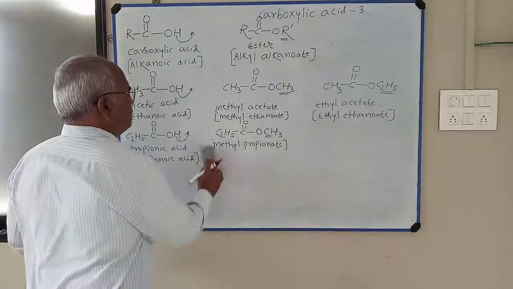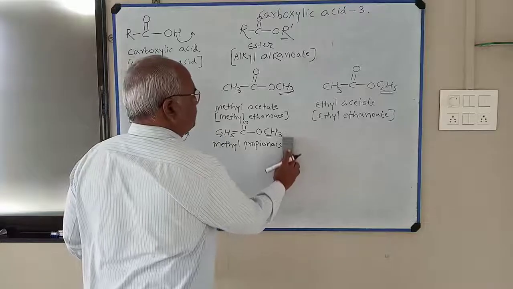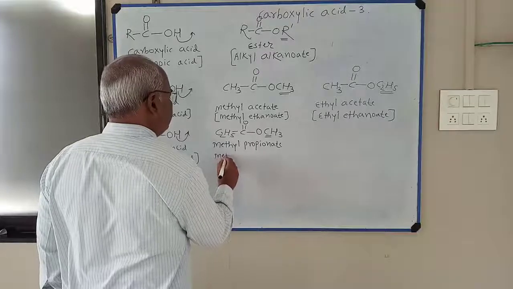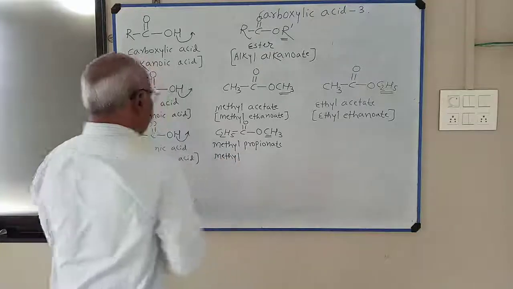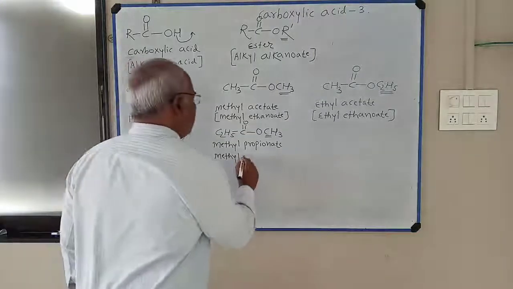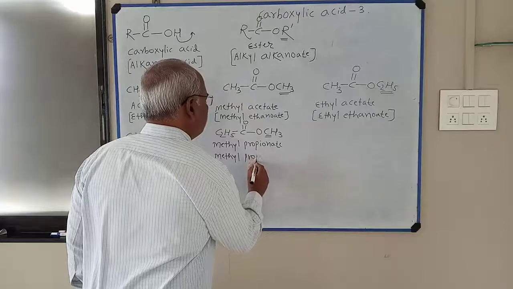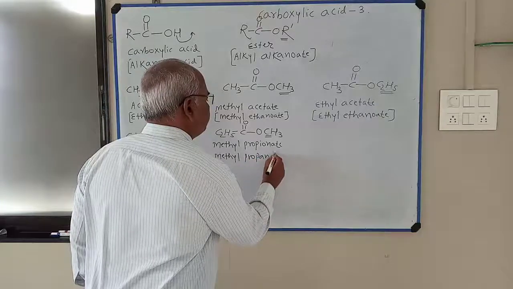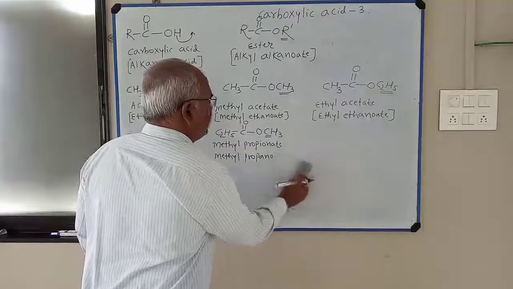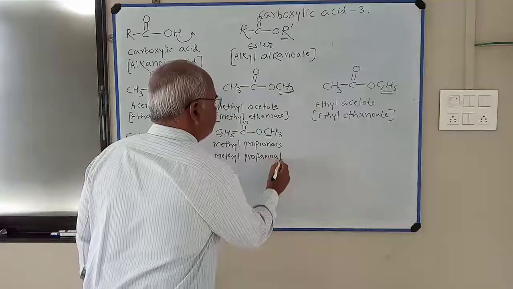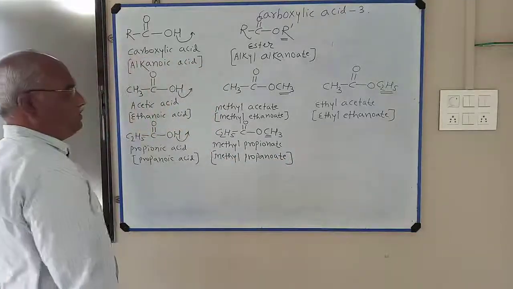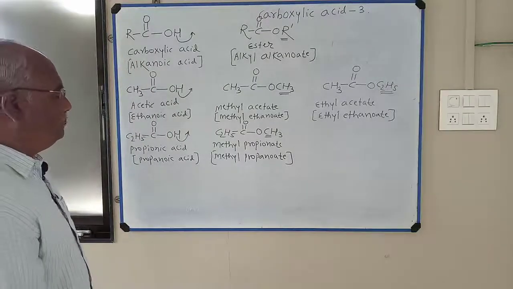This is the common name of the compound. IUPAC name, I write here methyl. It is a derivative of propanoic acid, therefore I write here propanoic acid. Remove ic acid and replace it by ATE. Methyl propanoate is the IUPAC name.